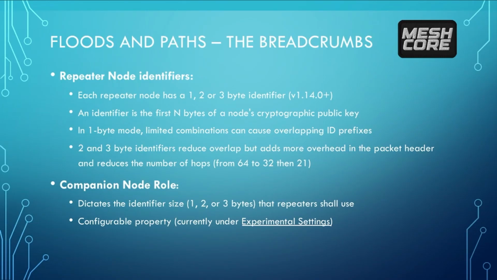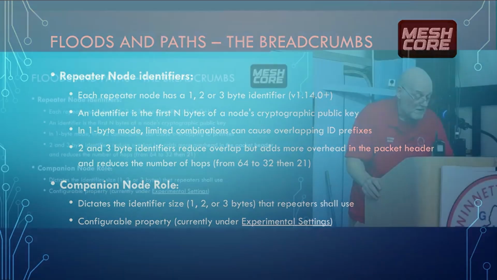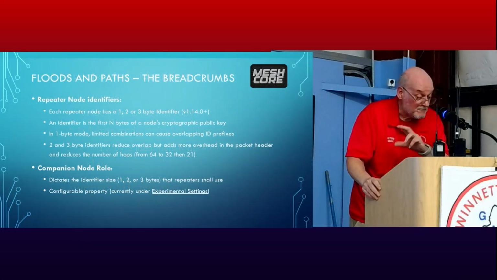So when they were using 1 byte breadcrumbs or IDs, you had a lot of conflict with other repeaters that had the same breadcrumb ID. And that would cause confusion when you viewed the list or you viewed the map. There would be errors in that. And they have a way of rendering that on the map view.